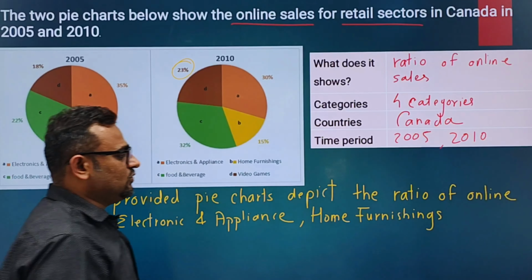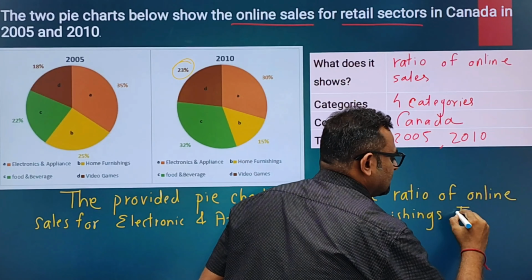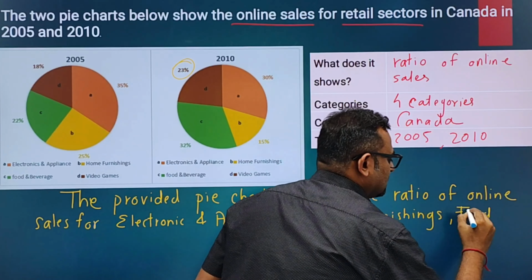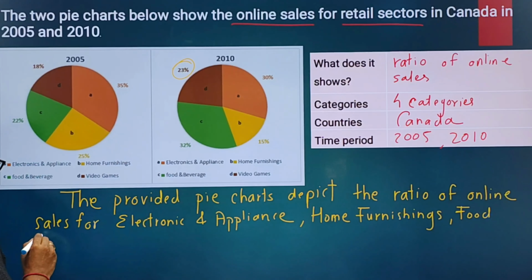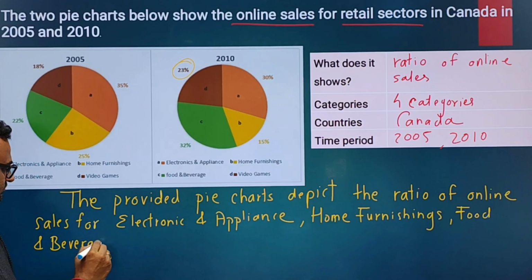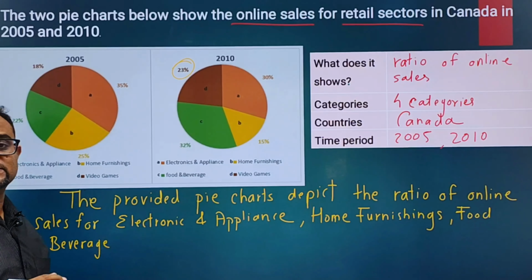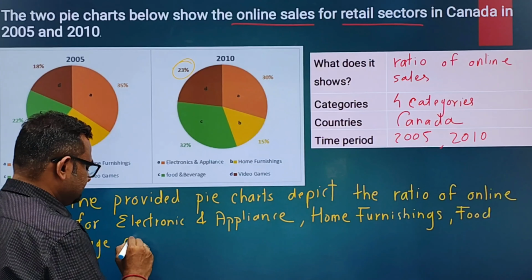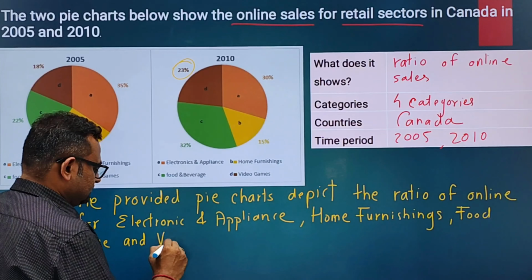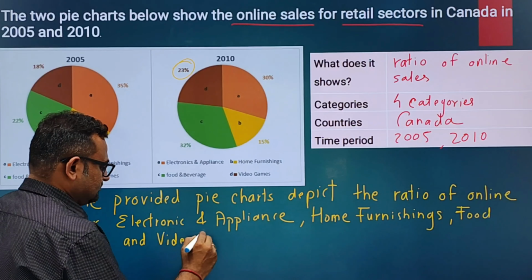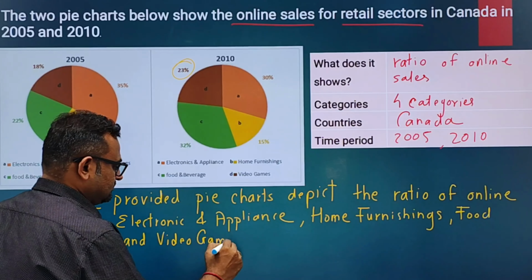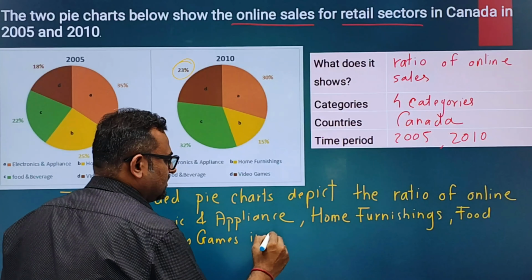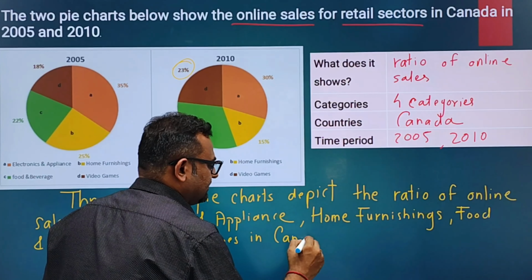Next is food and beverage. The last one is video games, in Canada.